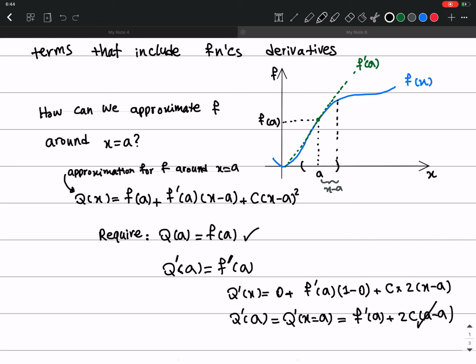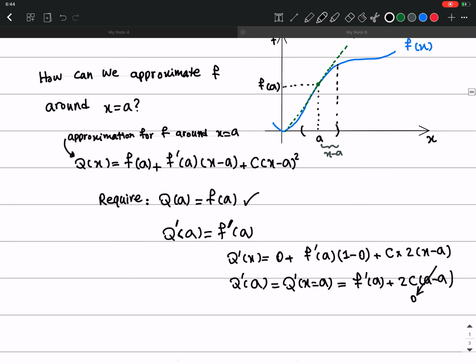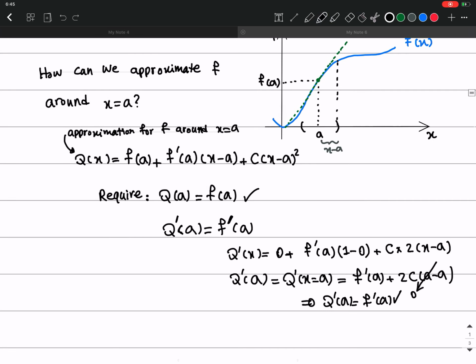So this is going to be 0, and thus Q prime(a) equals f prime(a). So again, because of the choice of (x minus a) squared, this requirement is also satisfied. So the first derivative of the approximation function for f is also equal to the first derivative of f at point a. So now I'm going further and further.